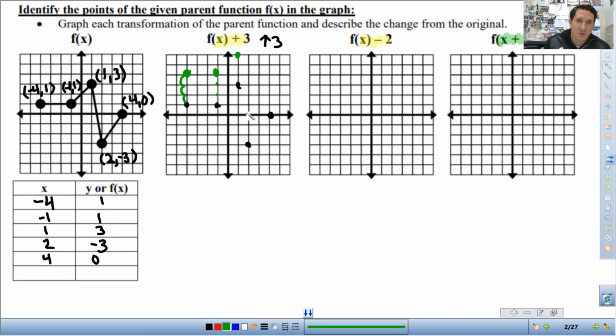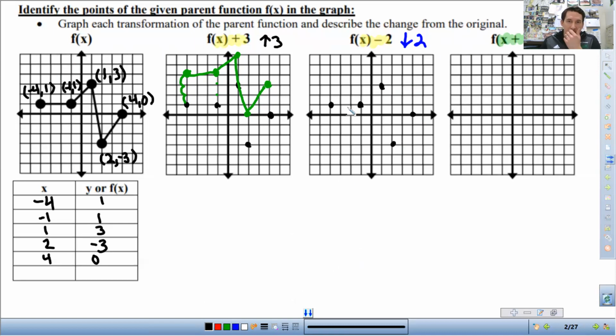Up 1, 2, 3. Up 1, 2, 3. And so there is the shifted function up 3. All right. This one here is a shift down 2. So again, I'm going to quickly sketch out the original parent function points here.